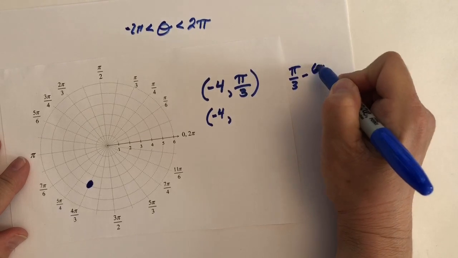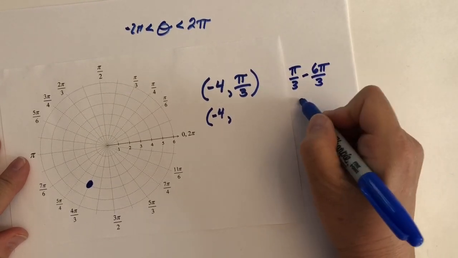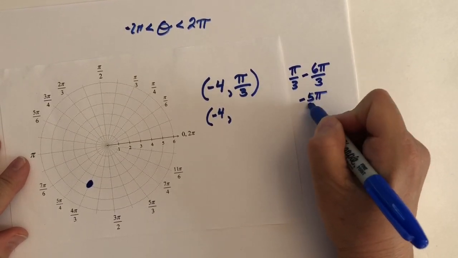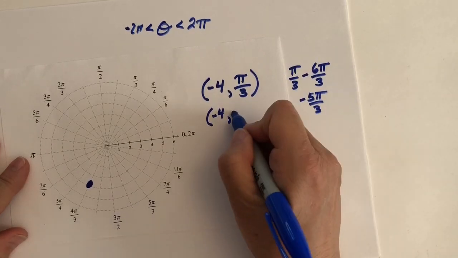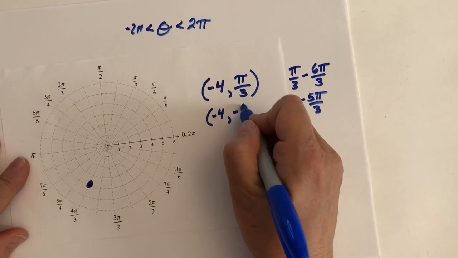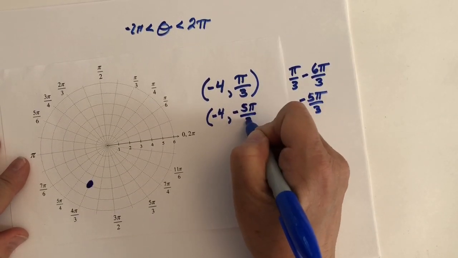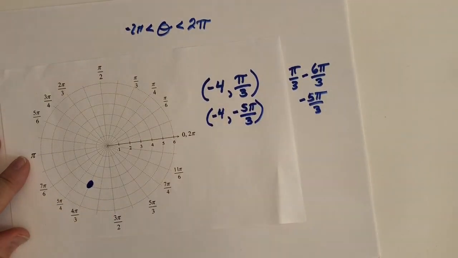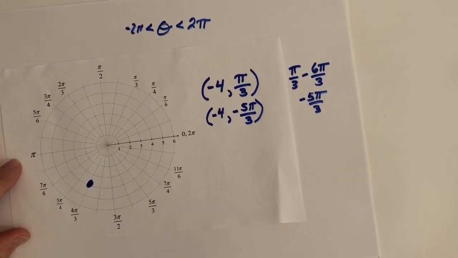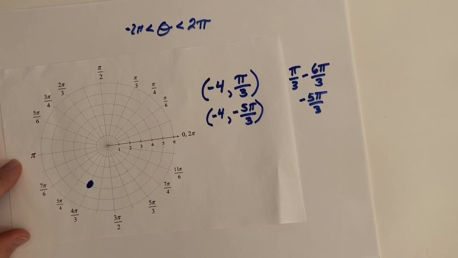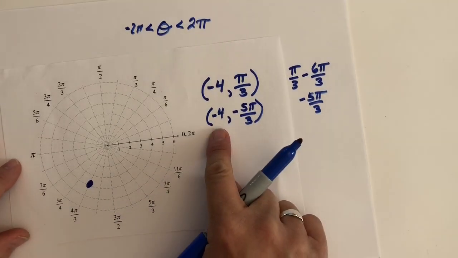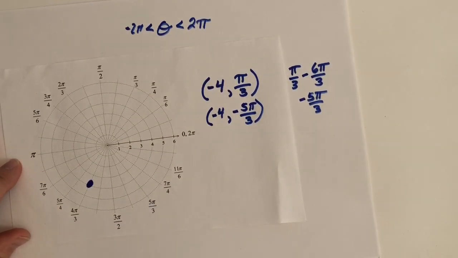I'm going to think of 2 pi as 6 pi over 3. And we get -5 pi over 3. So there's my other representation, keeping my R value the same. So -4, -5 pi over 3.